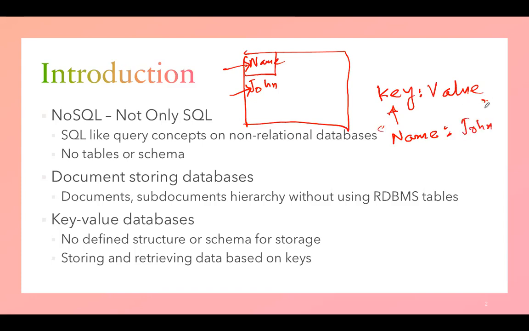So this is how I will be representing the data, rather than in a table, because when you're representing data in a table, you need to have a fixed schema. That means your number of columns needs to be fixed up front. Unless you change your schema, you're not allowed to insert data that does not fit it. So that will prevent you. But here, it doesn't follow any schema.